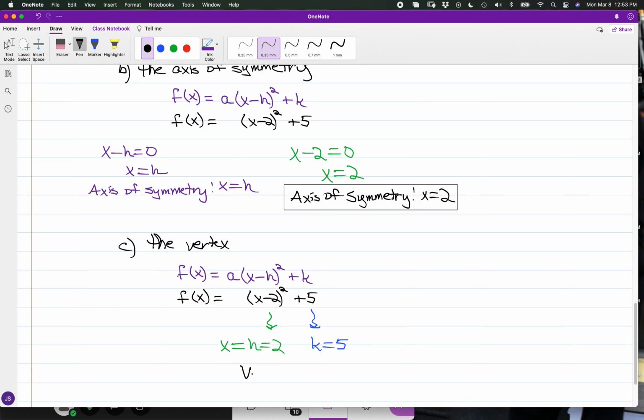So for the vertex, we have h, k, and for the coordinates specifically, the location is going to be at 2, 5.